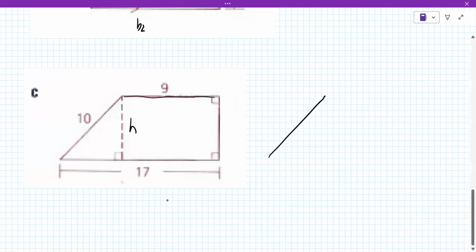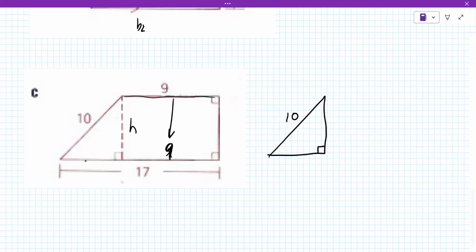Well, always good to draw the triangle off to the side. What is the length here, this base length of the triangle? 17 minus X. It would be, but we know X. We know X is 9 because these are parallel. So 8 then? Yes.